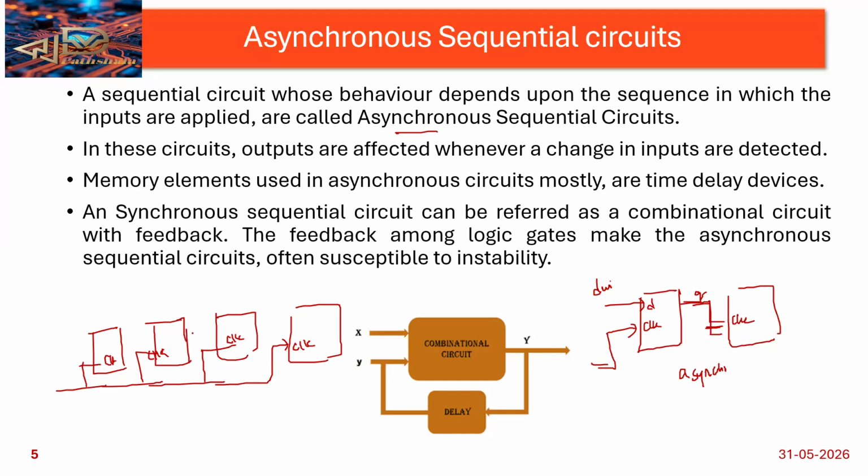So in synchronous sequential circuits, each and every element is given the clock. But in an asynchronous circuit, one output we get is connected like a clock to the next circuit.